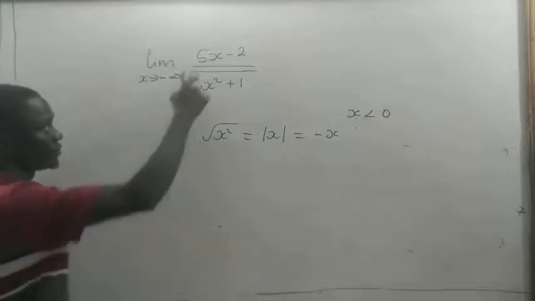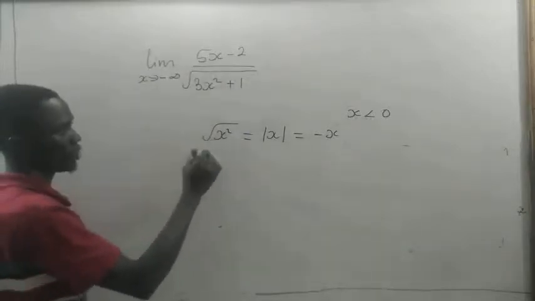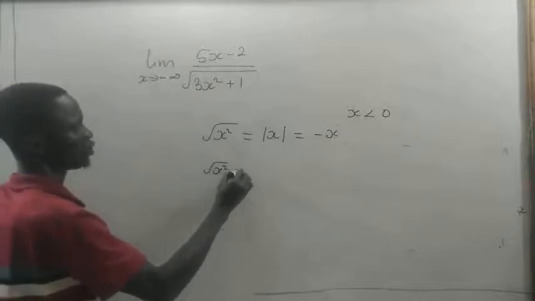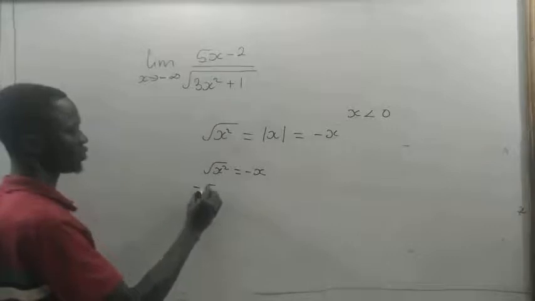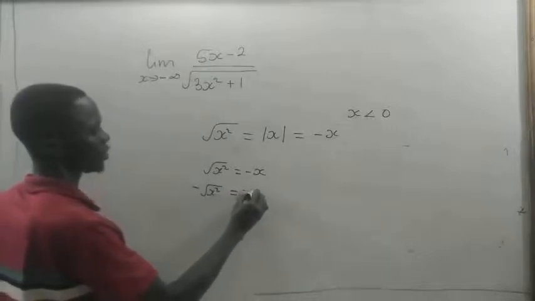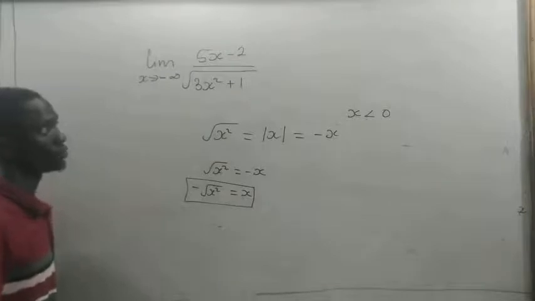So here, we want x squared to come out, so the square root of x squared will be equal to negative x. And here we have negative square root of x squared equal to x. Wow. So what do we do?